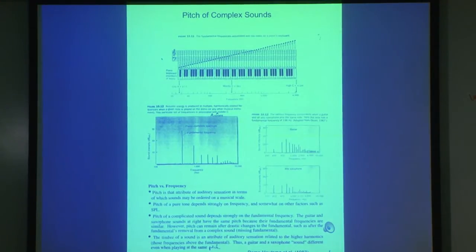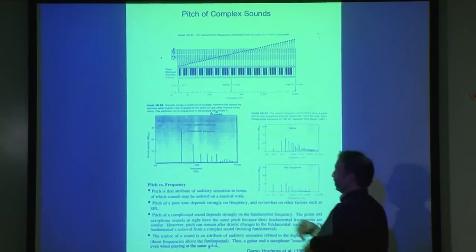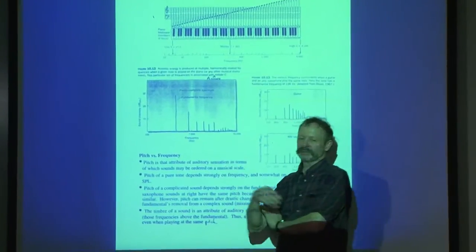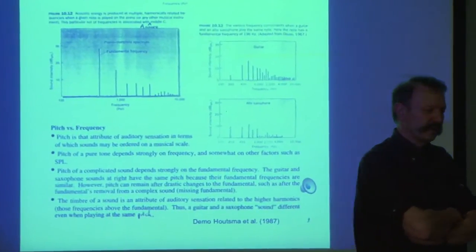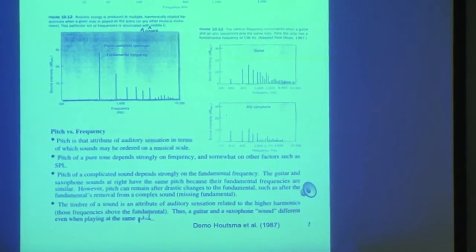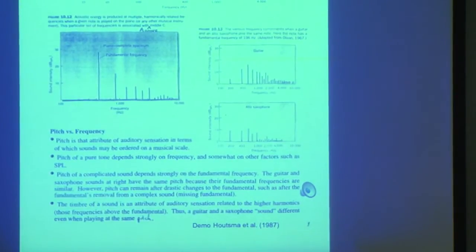We talked about pitch a little bit earlier in the class, and this is the slide that I showed. It has a different title now. I think it was titled something like complicated sounds. Well, a complex sound is simply a sound that has multiple frequencies. And the stimuli used in the paper are complex sounds in that they have multiple frequencies.